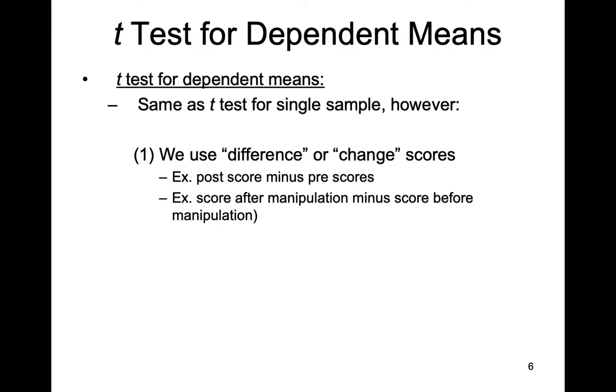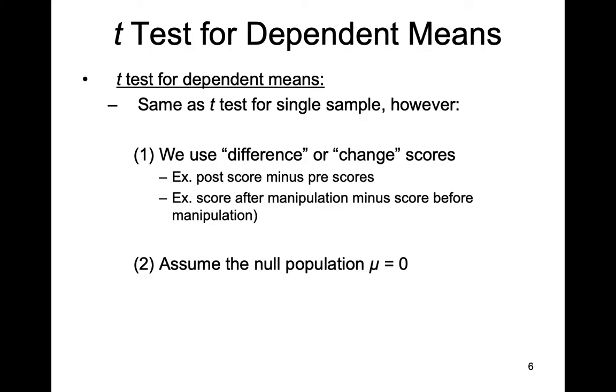Then we're going to do that for everybody, and we'll use the change scores as our data. Another way to think about this is that we've got participants in an experiment, and we want to see how they score after some experimental manipulation or treatment, and take the difference between their after score and their before manipulation score.